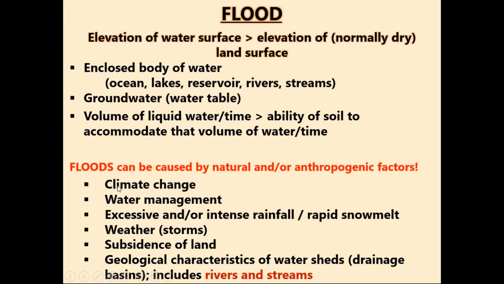So during the course of this webinar, we'll be discussing a little bit of each of these six bulleted points: climate change, water management, excessive or intense rainfall, or rapid snowmelt. We're talking about liquid water on the Earth's surface. Flooding due to weather or storms, the subsidence of land, and we'll talk about watersheds, AKA drainage basins, and their geological characteristics as well. And that discussion will include some discussion about rivers and streams.